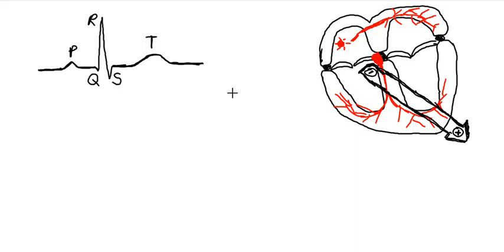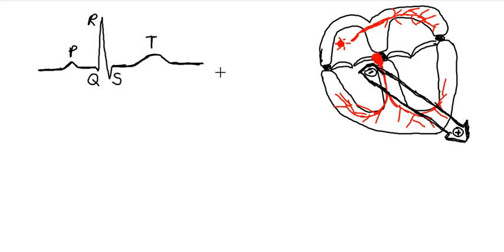Similarly, negative charges moving towards a negative electrode will also produce a positive deflection and thus a positive wave. On the other hand, different charges, meaning a negative charge moving towards a positive electrode or a positive charge moving towards a negative electrode, will produce a negative deflection.